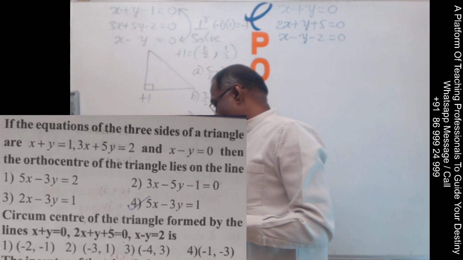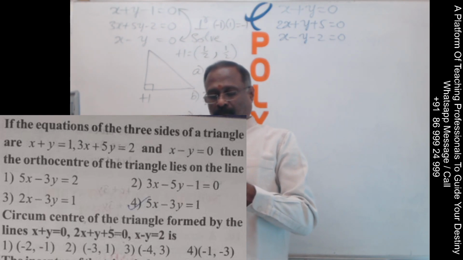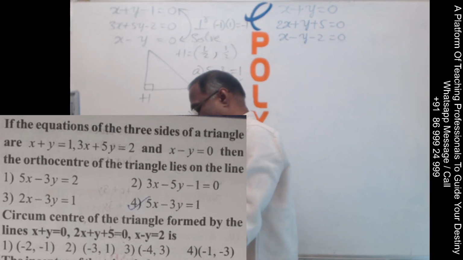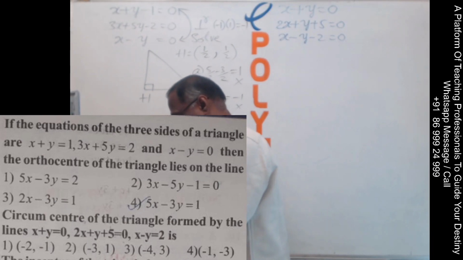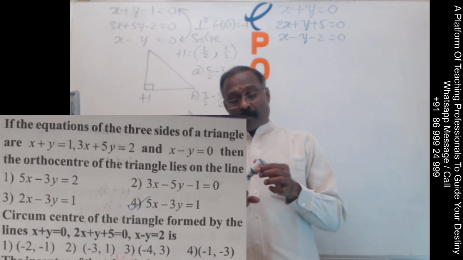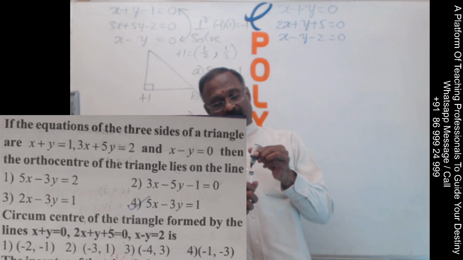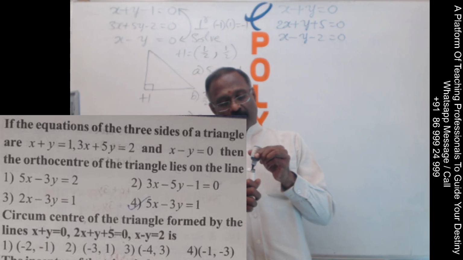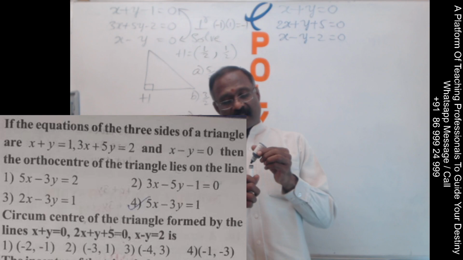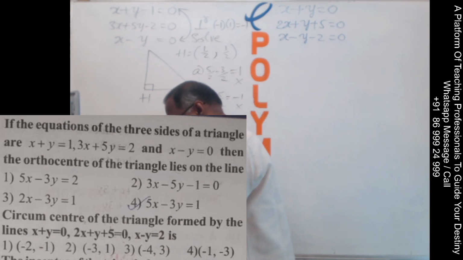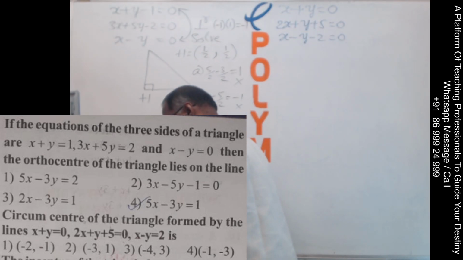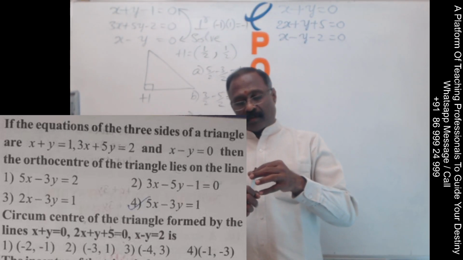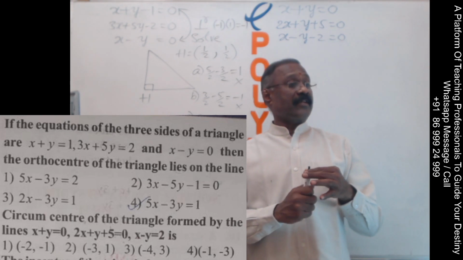First of all, what is the circumcenter? Circumcenter is the point of concurrence of perpendicular bisectors. So, to get the circumcenter, you need at least two perpendicular bisector equations.